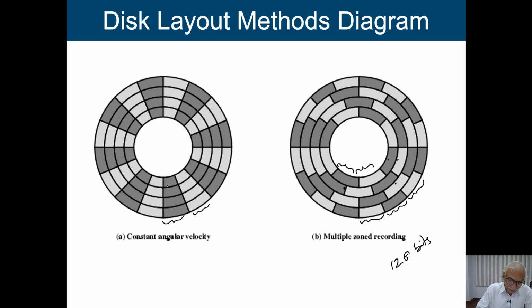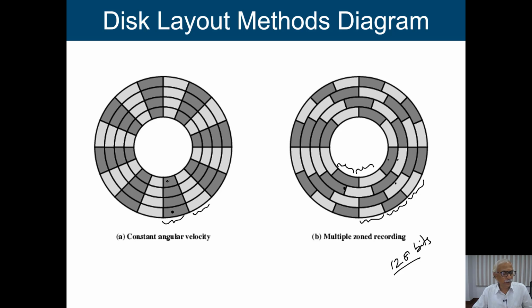Okay. But in this particular case, we are having variable packing density. Say in this particular sector, again we are storing the same amount of information in every sector, say 128 bits, then the density is less over here, but the inner track density is more. Okay. So, but here the addressing scheme is very simple. Okay. So, this is the way that we can look into it.